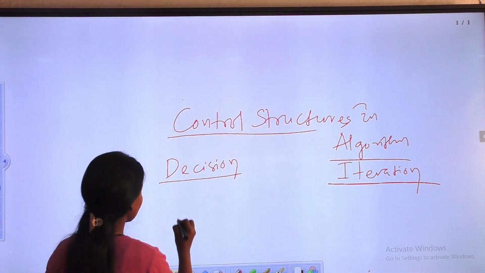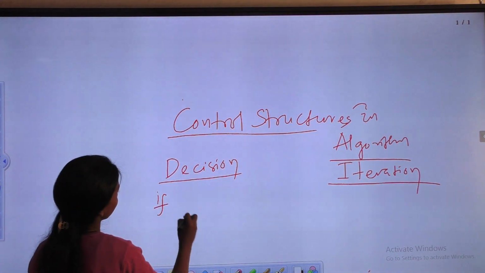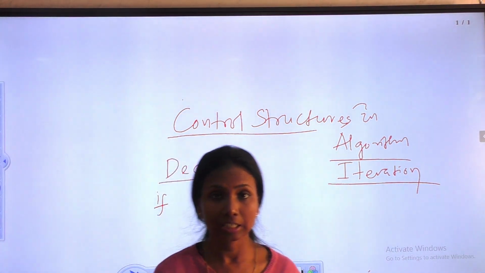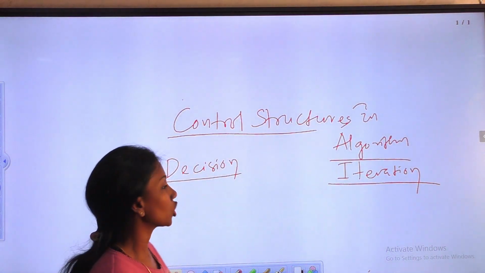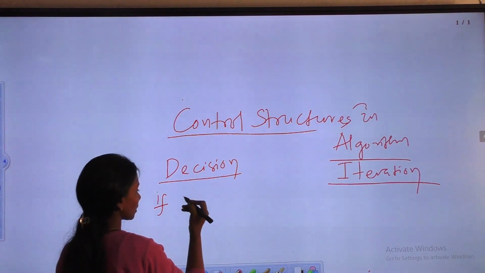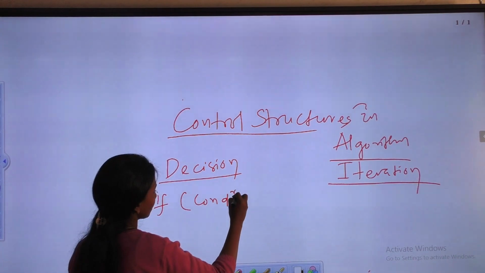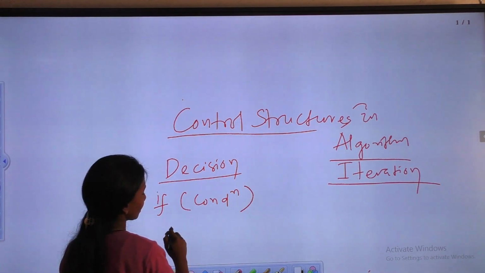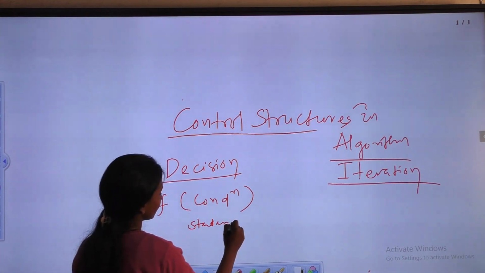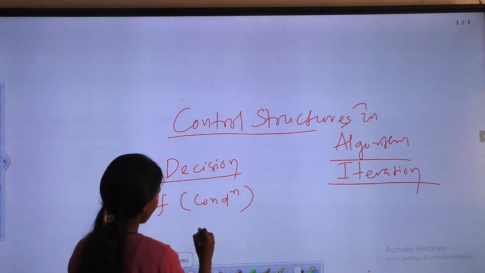Okay, so suppose there are many decision making statements. You can use if else, or nested if else. This is the first simple example: here you put some condition, and if the condition is true, then whatever statement you write here will be executed.